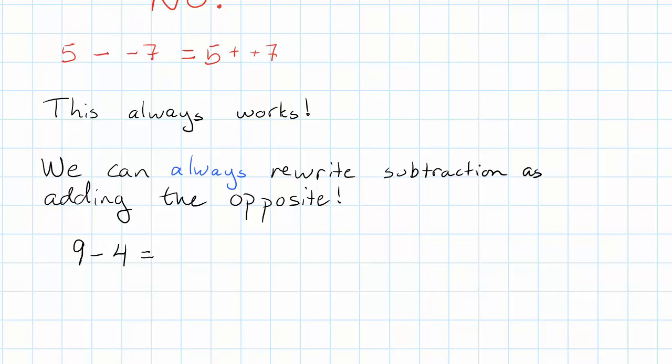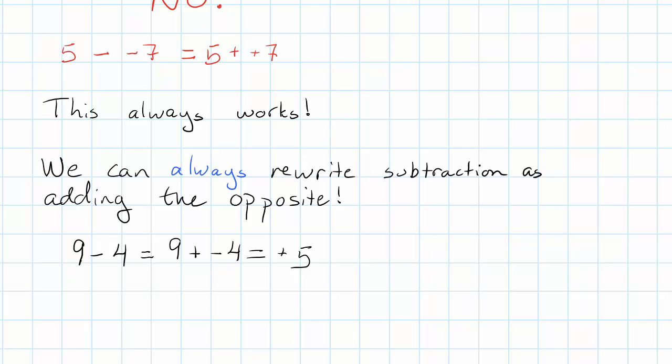If we wanted to, we could rewrite that as 9 plus the opposite of 4. Now, 9 is larger, so our result is positive. These have opposite signs, so we want subtraction. Bigger minus smaller, 9 minus 4 is 5.